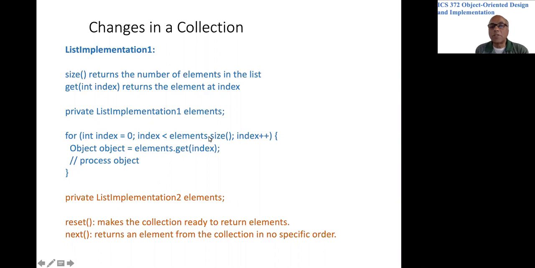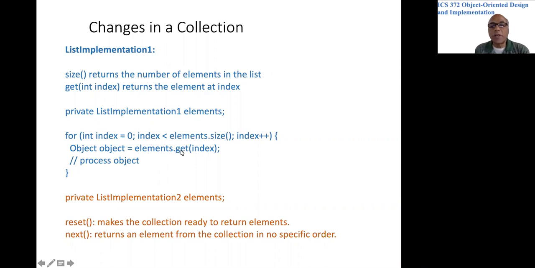So if size is 5, elements dot size would be 5, and index plus plus. You can see that index is incremented here, and assume it is not incremented or decremented anywhere else. Then this will iterate 5 times if elements dot size is 5, as many times as elements dot size.